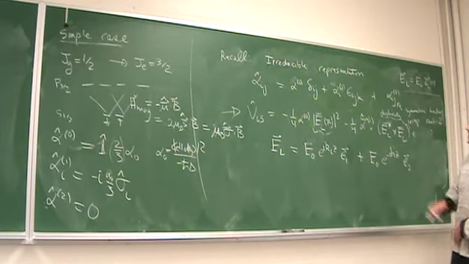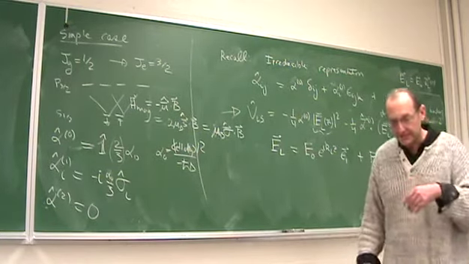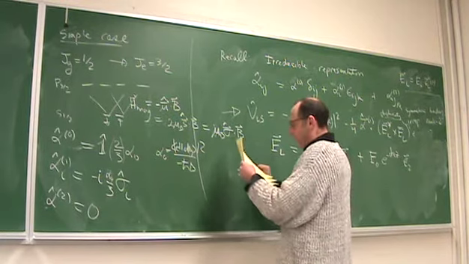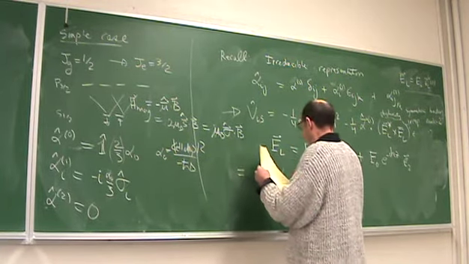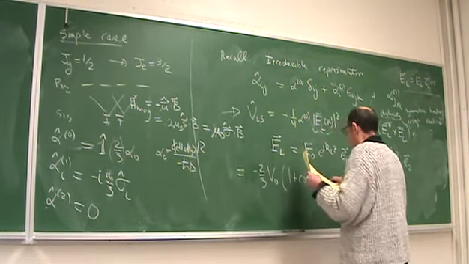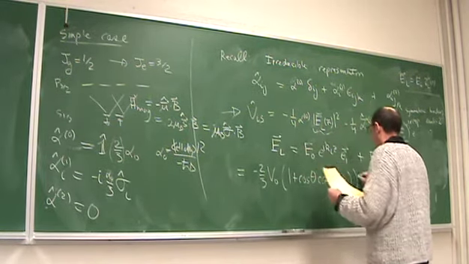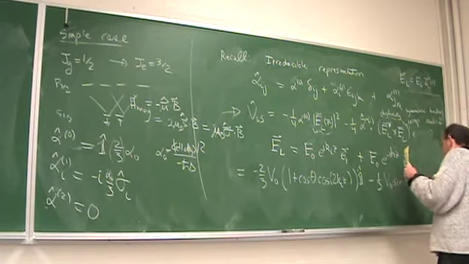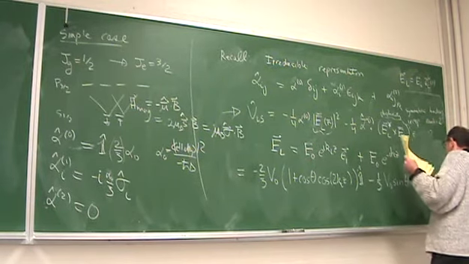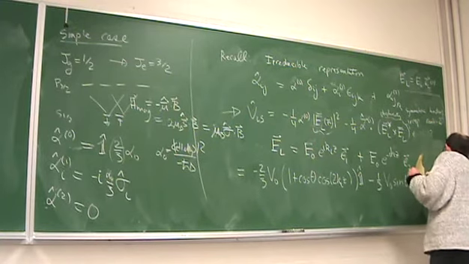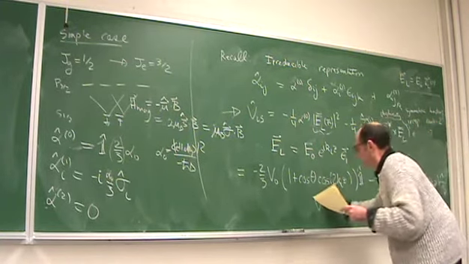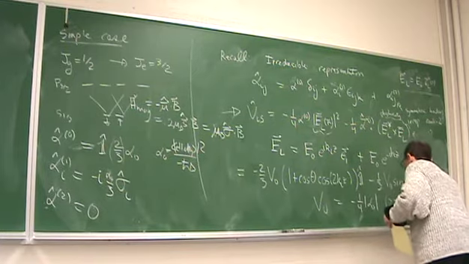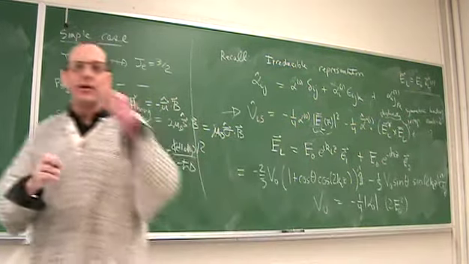We can plug this in, get the intensity, and take the cross product to see the fictitious magnetic field. Here's the answer.